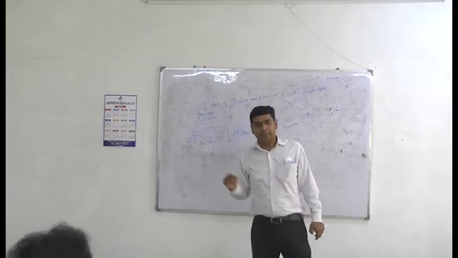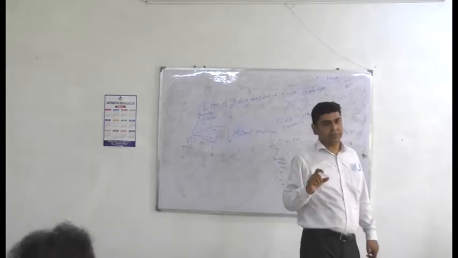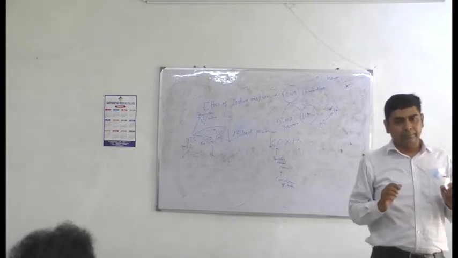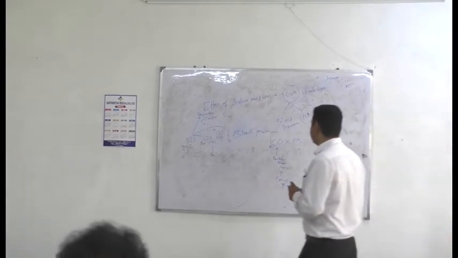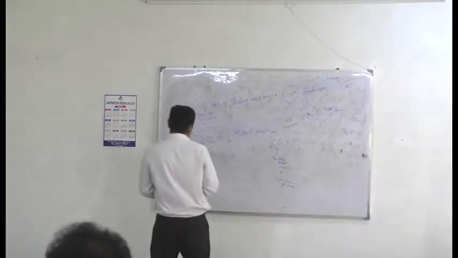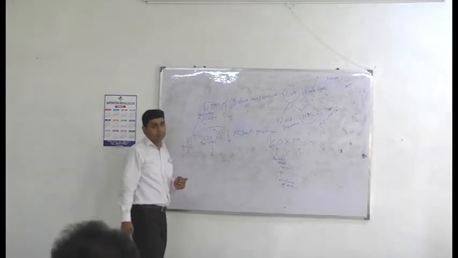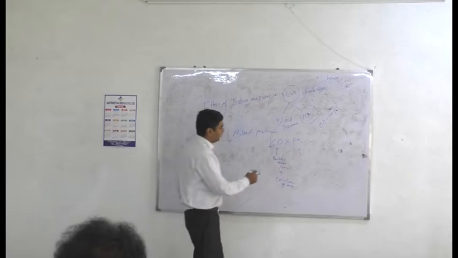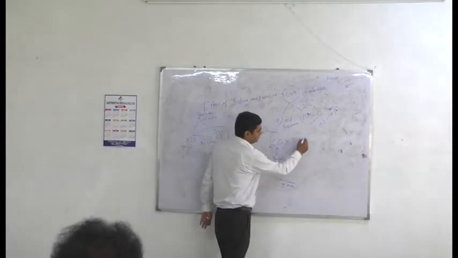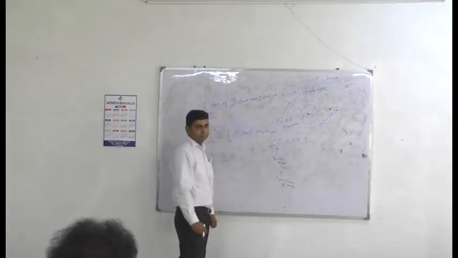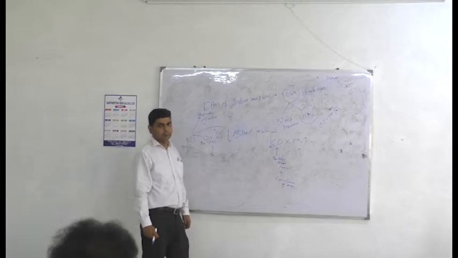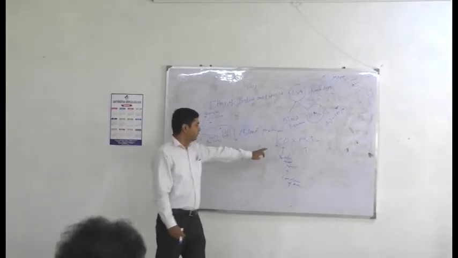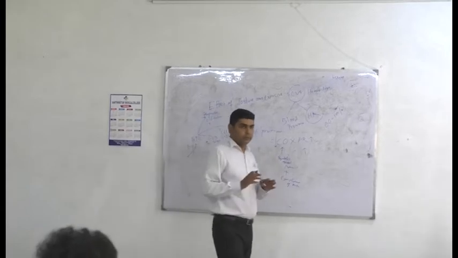So what happens if the vasomotor center is stimulated? The vasomotor tone increases. If the vasomotor tone increases, what happens? Vasomotor tone controls the peripheral resistance, so the peripheral resistance increases. Then what happens? Blood pressure increases.